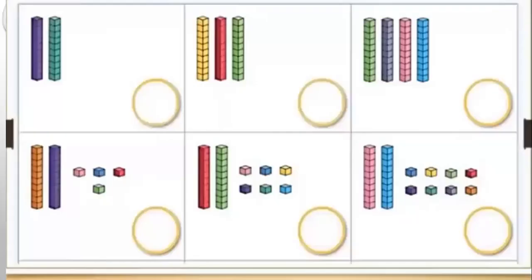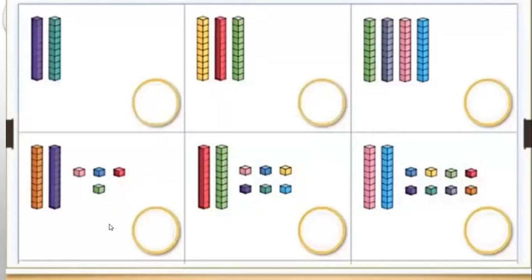Okay, coming back to our topic. Today's topic is how many. So here are two rows. You can count them one by one, and then write in the box how many of these are. 1, 2, 3, 4, 5, 6, 7, 8, 9, 10, 11, 12, 13, 14, 15, 16, 17, 18, 19, and 20.